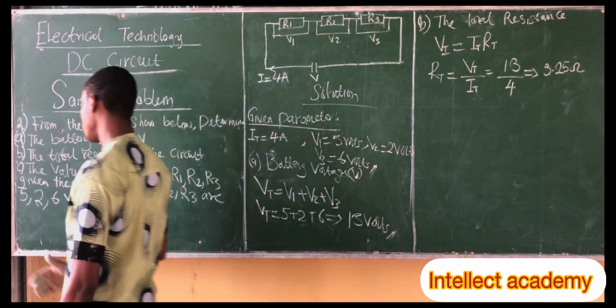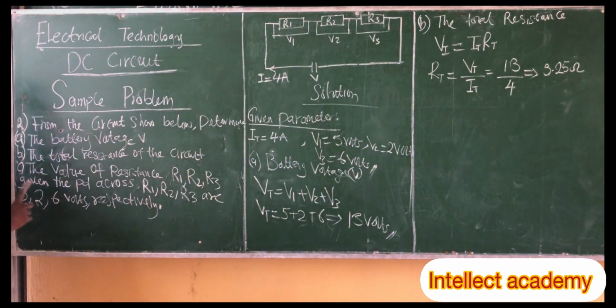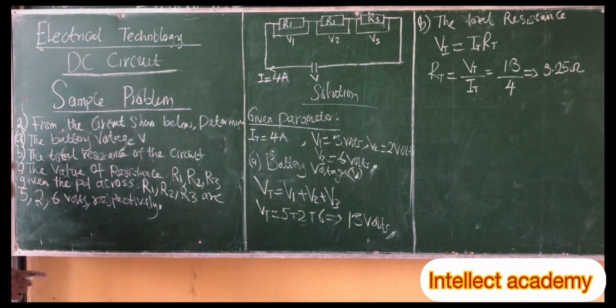So now what did they say we should calculate next? The value of the resistances R1 and R2 and also R3, given that the PD across R1 and R2 are 5 and 6 respectively.